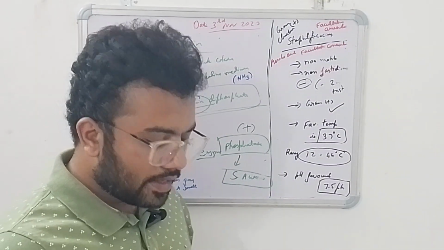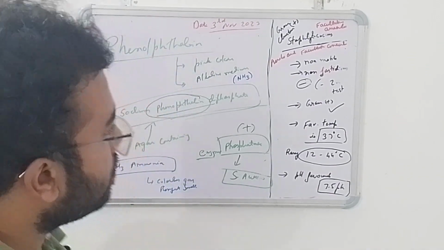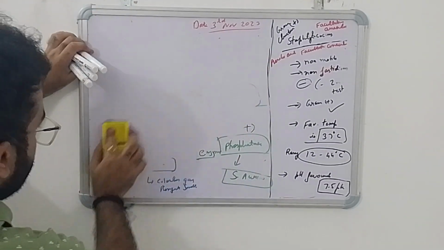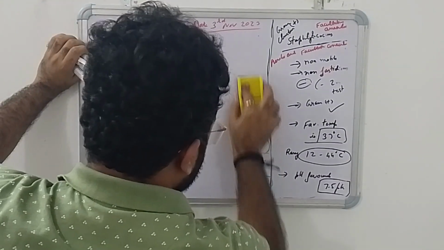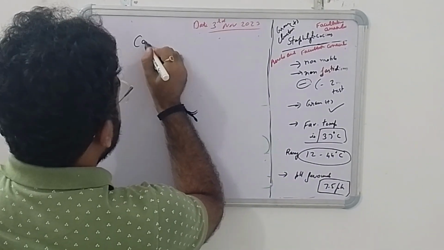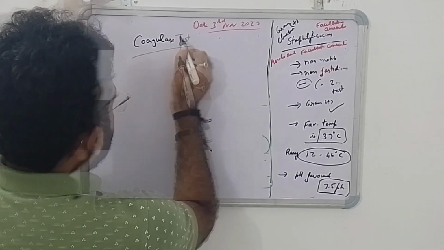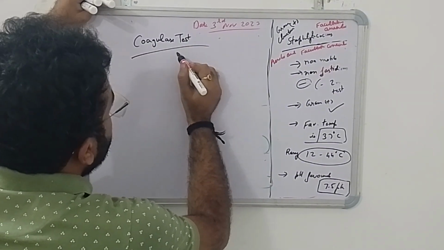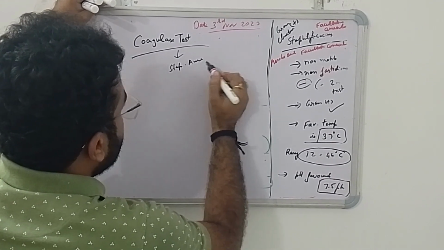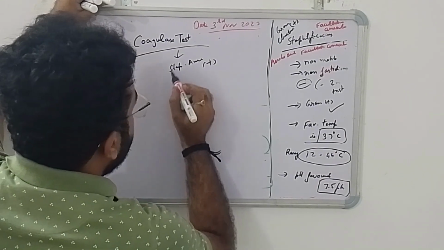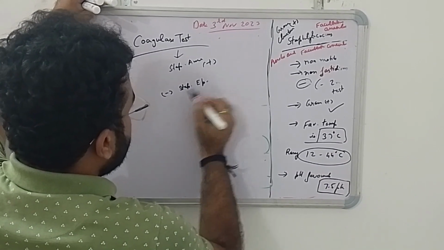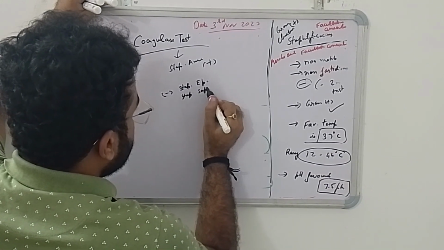Now there is another test called the coagulase test. Now let's discuss that. The coagulase test has to be differentiated for Staphylococcus aureus, because it gives a positive coagulase test, while a negative coagulase test is given by Staph epidermidis and Staph saprophyticus.